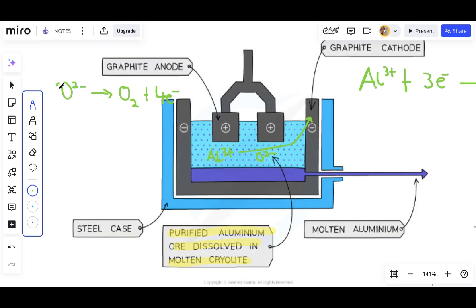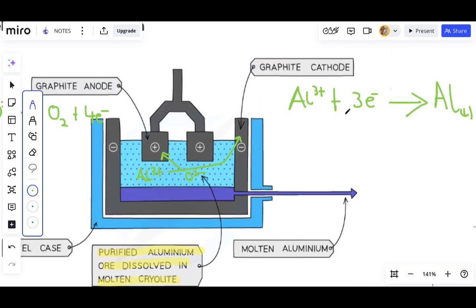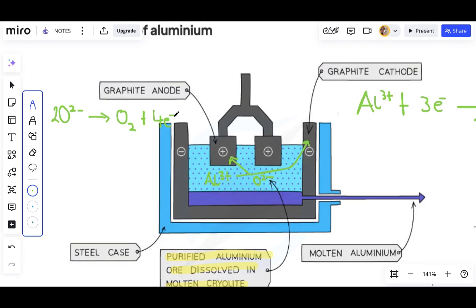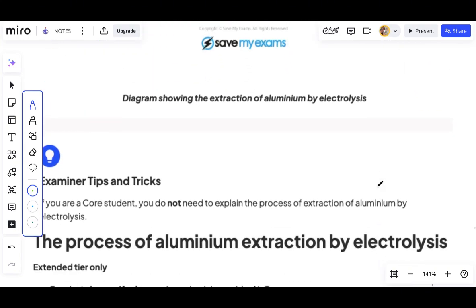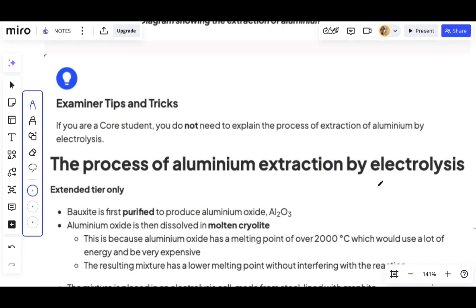So here we put 2 at the back of this. This oxygen ion migrates to the anode, and when it migrates to the anode, this equation occurs. This is the anodic equation. Here is a reduction reaction at the cathode, and here is an oxidation reaction at the anode. Okay, so we move on. Finish, you obtain your aluminum.